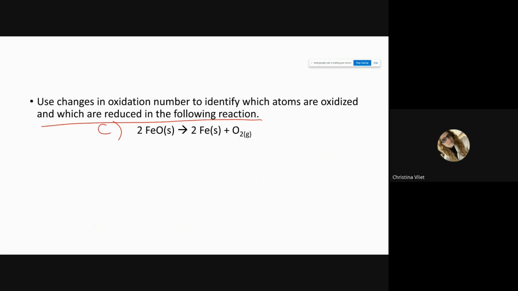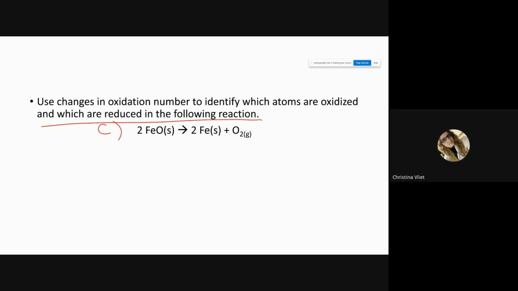This is our next chemical reaction. All right, so let's take a look at this one.